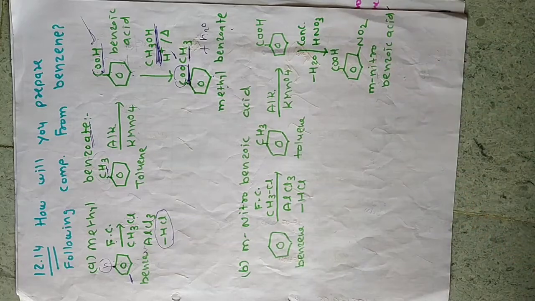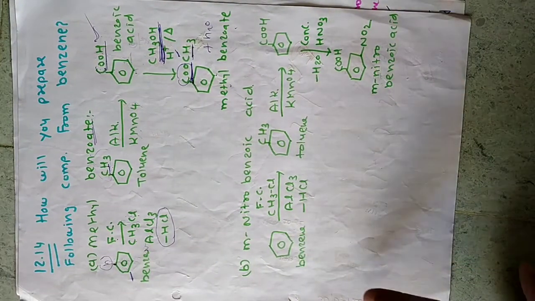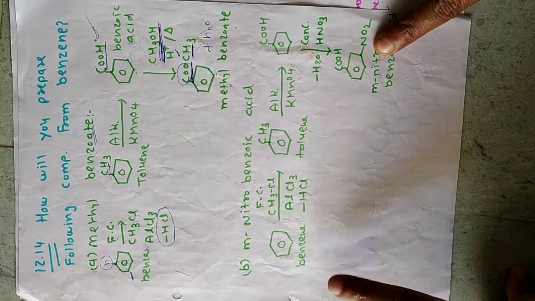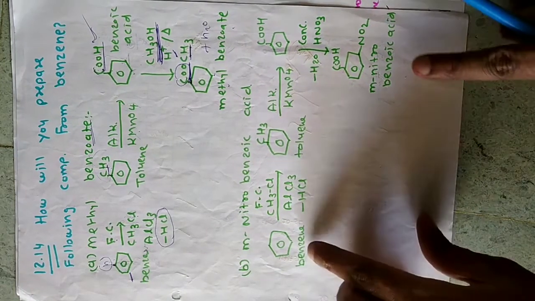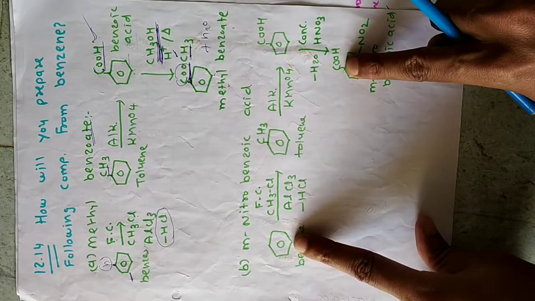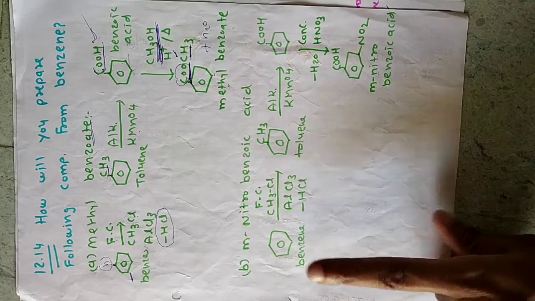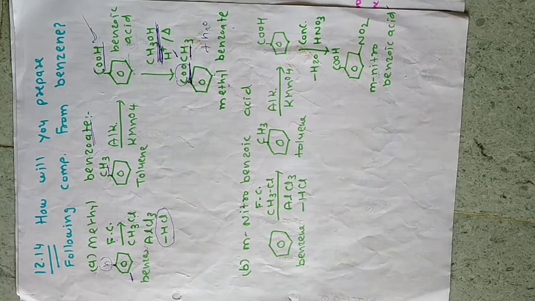Now the next one, metanitrobenzoic acid. Our starting material, benzene, is the same. This one is our metanitrobenzoic acid. Now you can see the difference between these two: one COOH group is extra and one NO2 group is extra. So again, first of all I am going to increase the number of carbons.